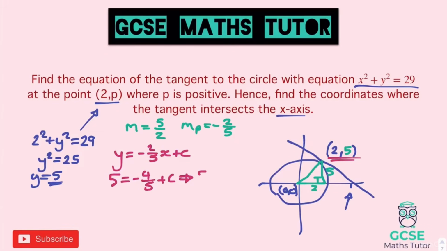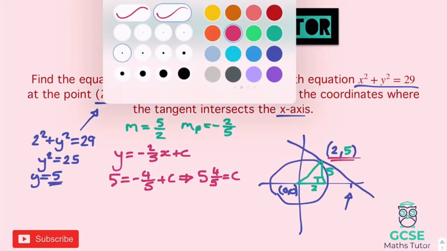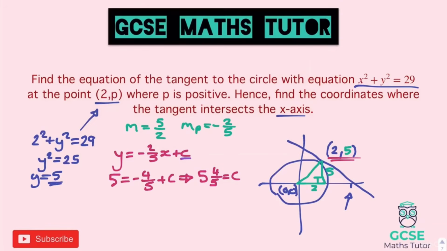So we get 5 and 4/5 equals c. And now we can put that into our line equation in place of c. So we have y equals minus 2/5 x plus 5 and 4/5. There's our line equation.